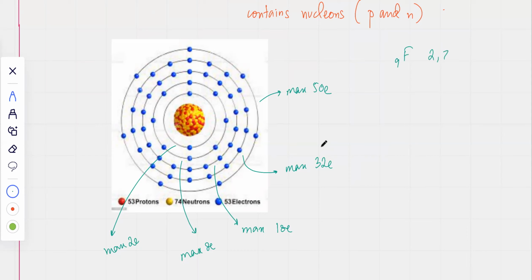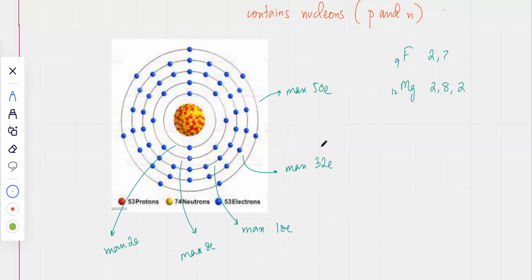Magnesium has 12 electrons, so that's 2, 8 and 2. That's about it. Most atoms that you studied in O levels were really small and didn't have a lot of electrons to start with. For example, they never asked you about the electronic configuration of iodine.